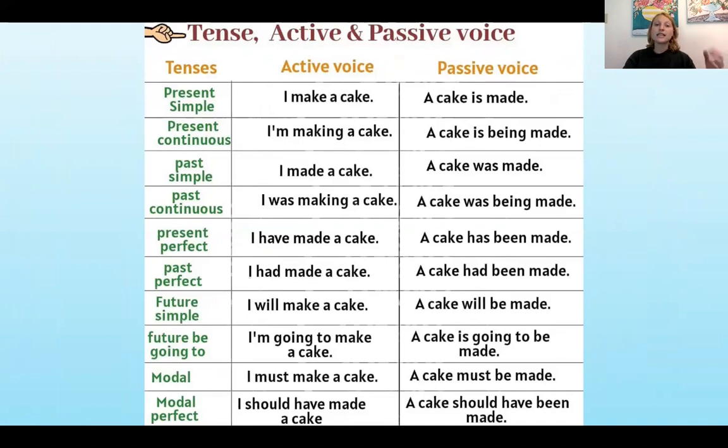So let's take a gander at our tense column that we have. In these tenses, in the green print, we have present simple, present continuous, past simple, past continuous, present perfect, past perfect, future simple, future be going to, modal, and modal perfect.